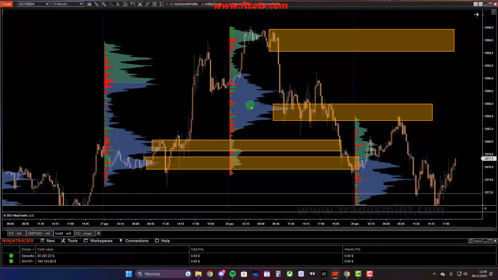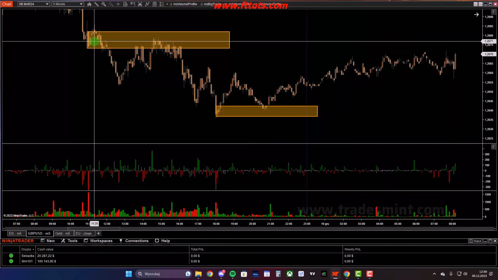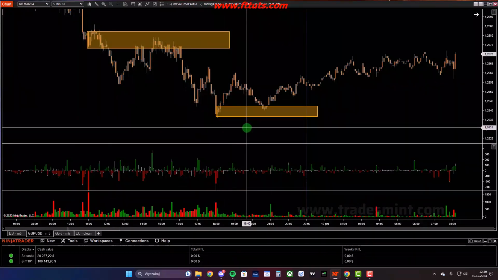The most important are definitely the zones based on the volume profile at the beginning of each session, marked based on the few previous days, and also for intraday trading the volume zones and also delta zones.